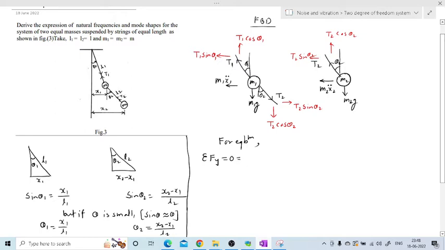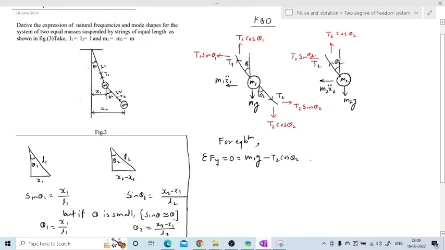You can consider any direction positive. If you consider upward positive, then downward is negative. If you consider downward positive, then upward will be negative. So I will consider downward positive. So this m1g is acting downward, so it is positive, and the component of T2 cos theta 2 is downward, so positive.